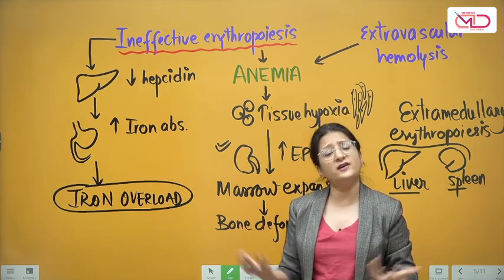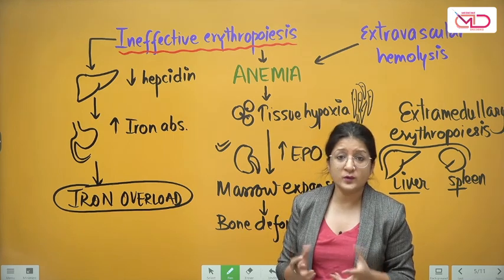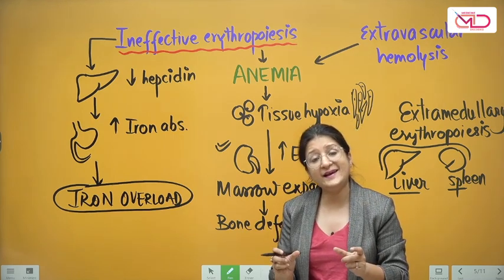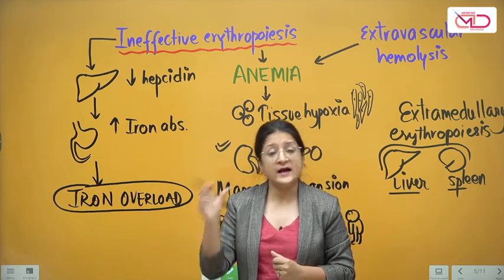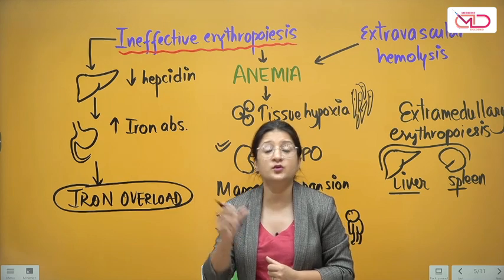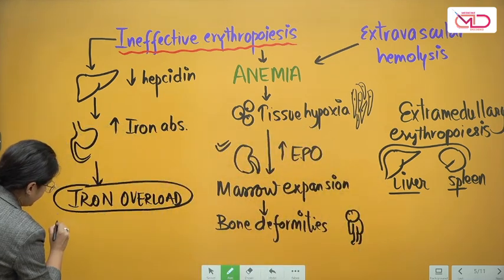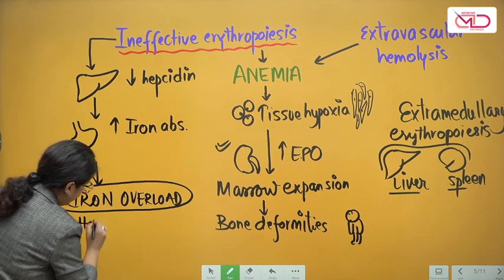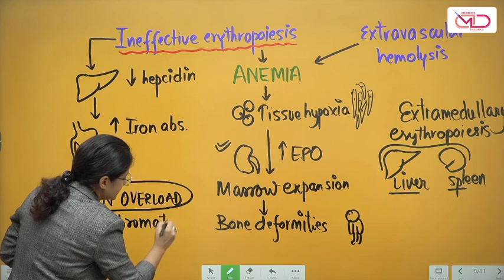So it becomes a multi-organ dysfunction kind of a state, right? So what we call secondary hemochromatosis. Excess iron now will be stored as hemosiderin. So what we reach here is a state of secondary hemochromatosis.